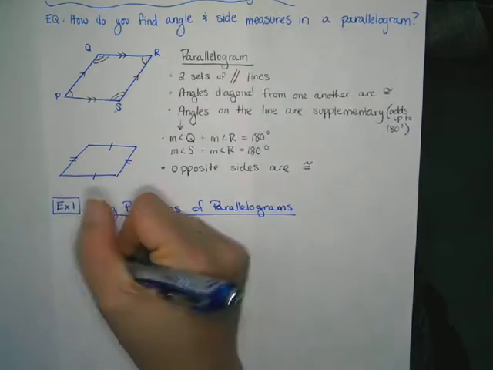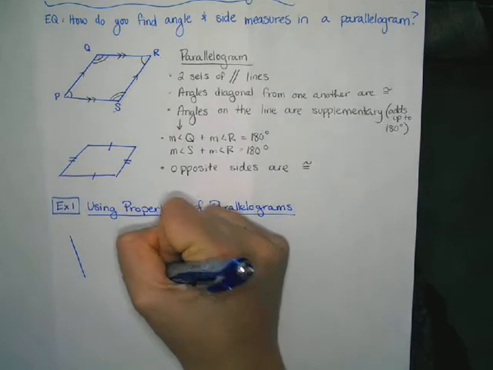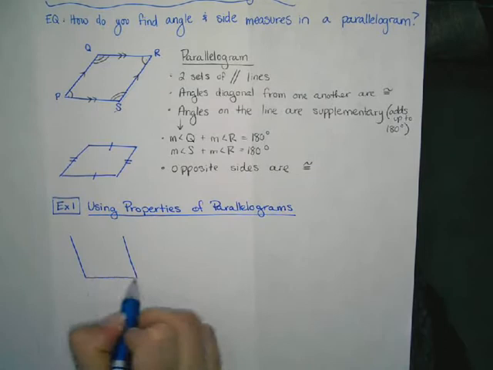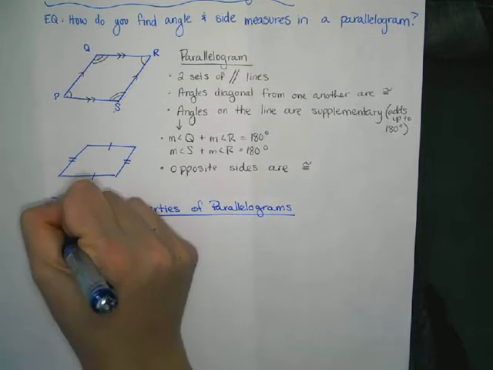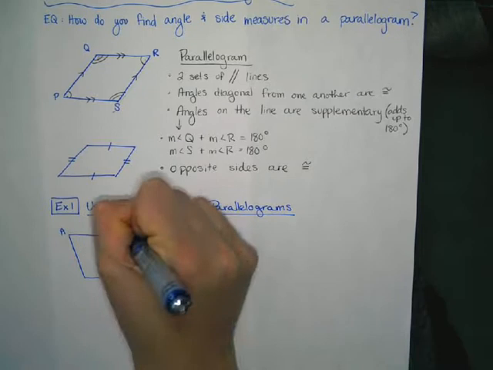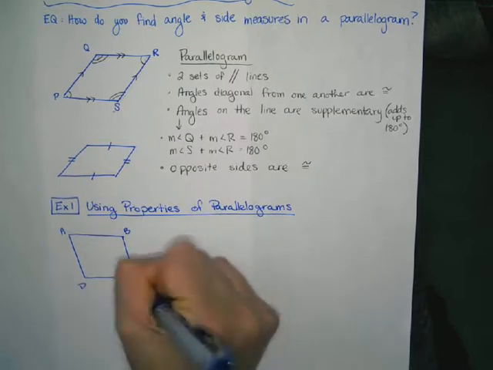Do the best you can, make sure the sides are parallel. If you're an artist like me, I'm not, it will turn out like that. But you just need to pretend. Okay, things we know. These are parallel. These are parallel.